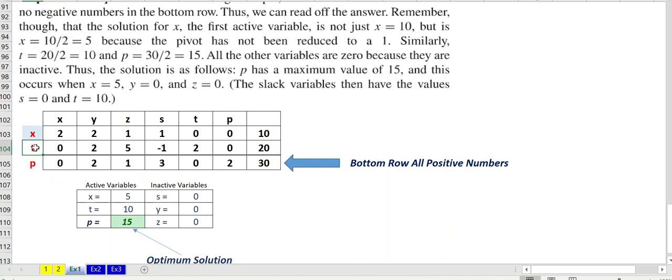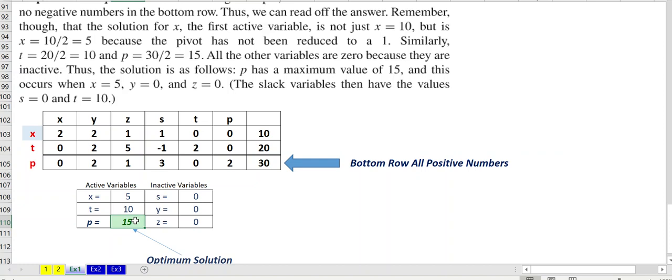T is an active variable. We take the constant 20. We look for the T column. The number in the T row and the T column is 2. 20 divided by 2 is 10. So T is equal to 10. P is an active variable. 30 divided by the 2, because it's in the P column and the P row, 30 divided by 2 is 15. So P is equal to 15.